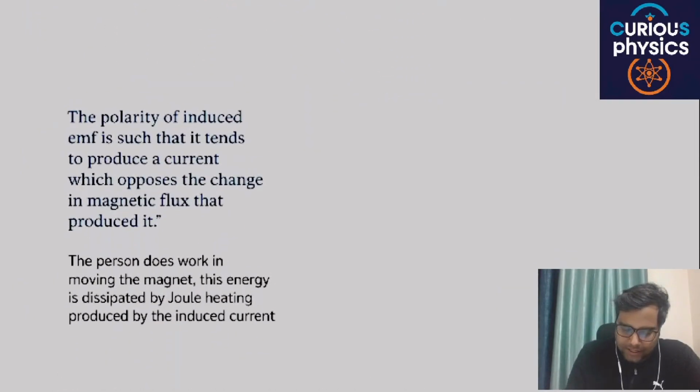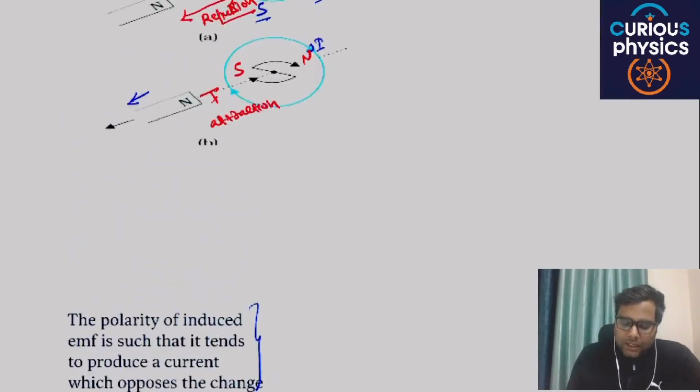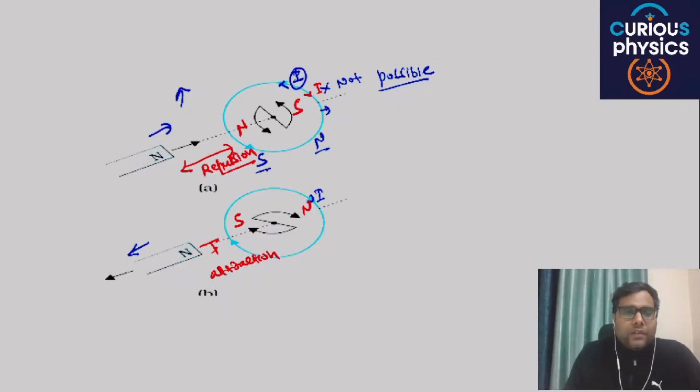this is basically the definition which we have discussed. The person does work in moving the magnet. This energy is dissipated by the Joule heating effect. Meaning to say that if you want to move a magnet toward this coil, in actual there is a force of repulsion, so you have to apply external force, external work, and that work will be dissipated in the form of heat when current flows.